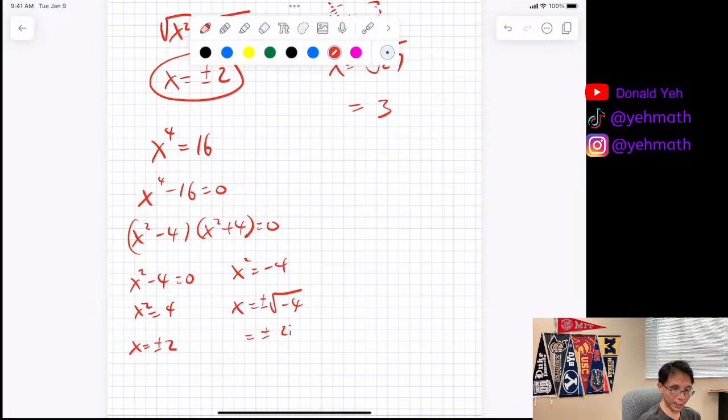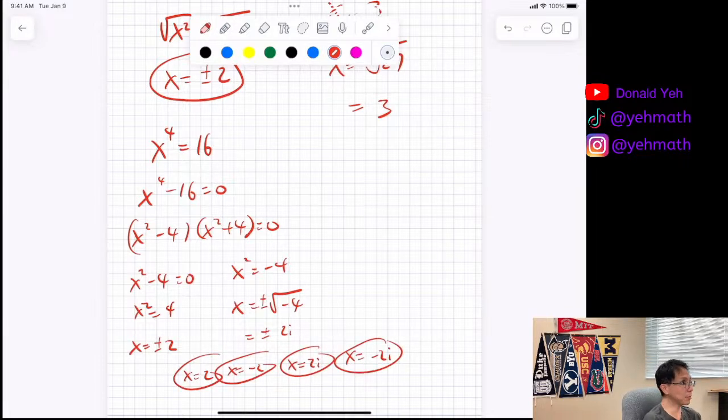So you've got x equal to 2, x equal to negative 2, x equal to 2i, x equal to negative 2i. So there are 4 solutions, even though 2 are complex. You don't have to worry that far, but yes, if x to the 4, you got 4 solutions. They're not all real, they are complex.